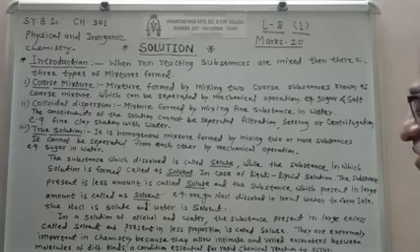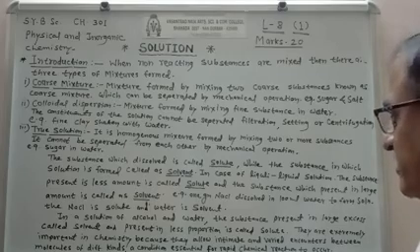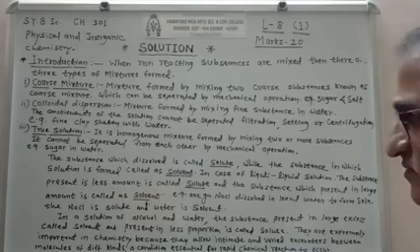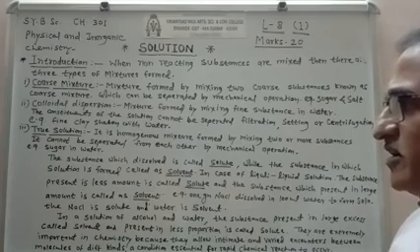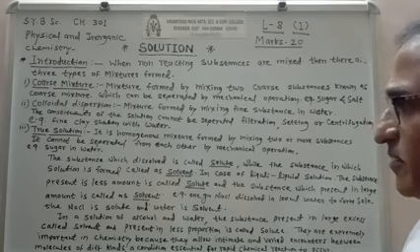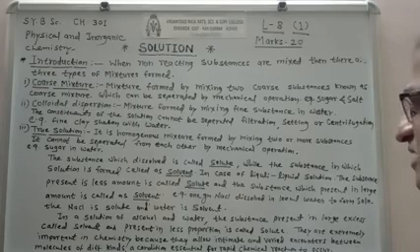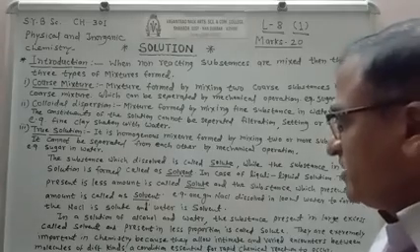But in the case of a liquid-in-liquid solution, where both solute and solvent are liquids, the substance which is present in less amount is called solute, and the substance which is present in large amount is called solvent.